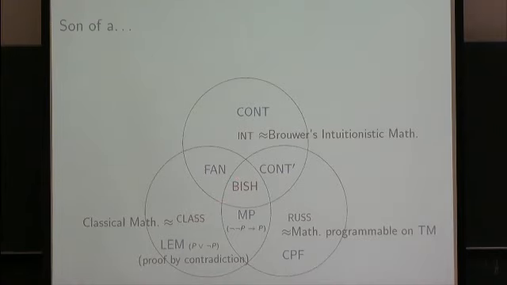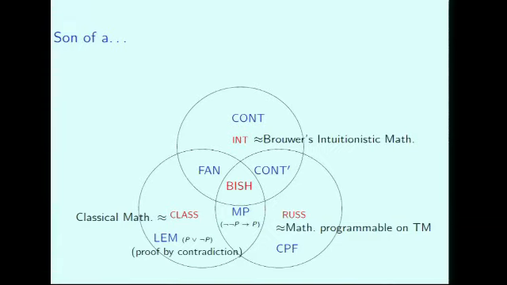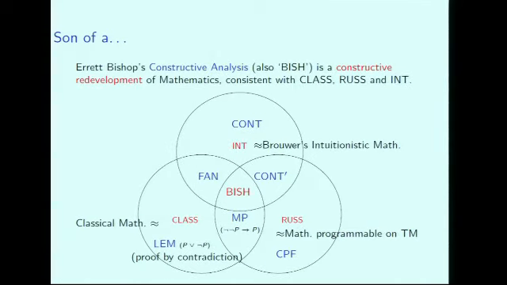So that's the kind of mathematics everybody can agree on: the Russian recursive people, classicists, most of us, and the intuitionists, 0.1 of us. So BISH is a constructive redevelopment of mathematics consistent with all these three.